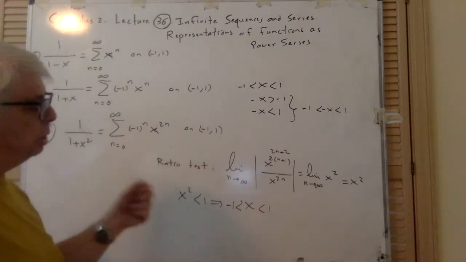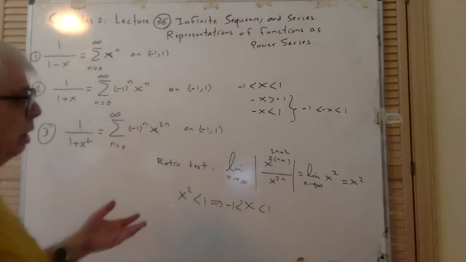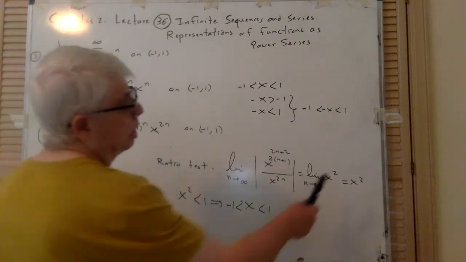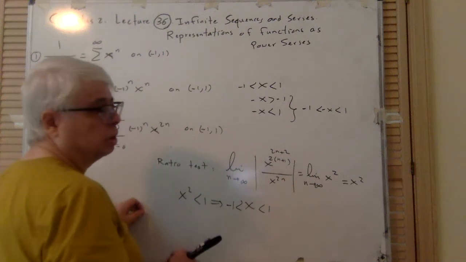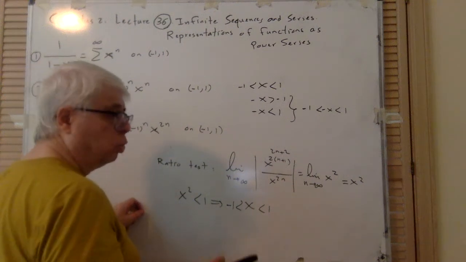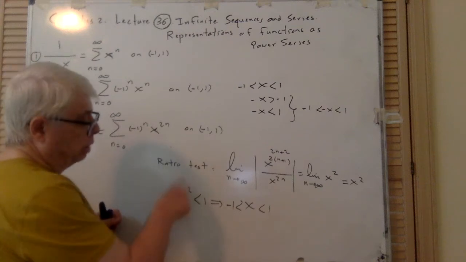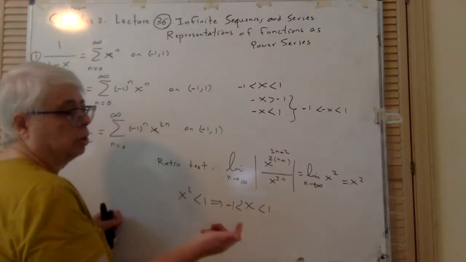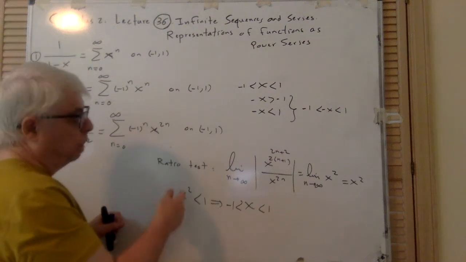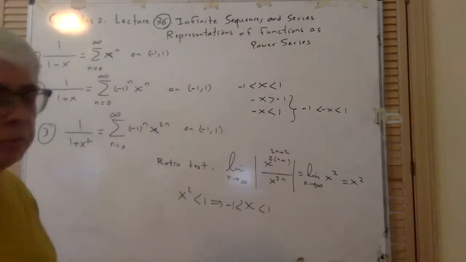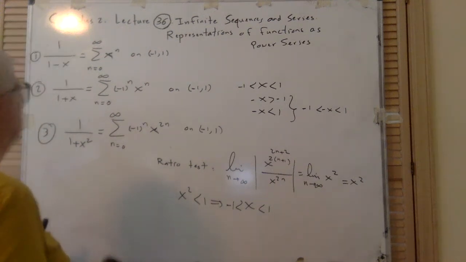I used the ratio test, and I found that the interval of convergence is in fact the same thing. Remember, for the other cases, I had absolute value of x less than 1. x squared less than 1 is equivalent to absolute value of x less than 1, because if you take the square root, you get absolute value of x, and the square root of 1 is also 1.